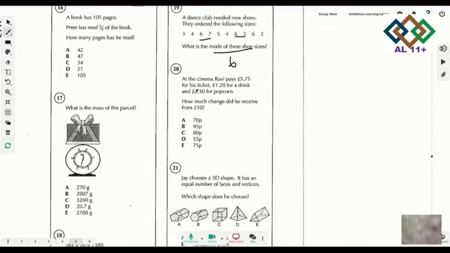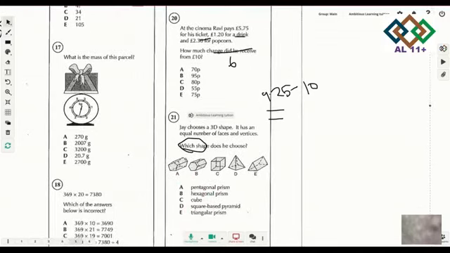When you add all of them up, you get 9.25, and because he has £10, you need to minus it from £10 to see how much change is left. So he has 75p left. That's the change he has left.